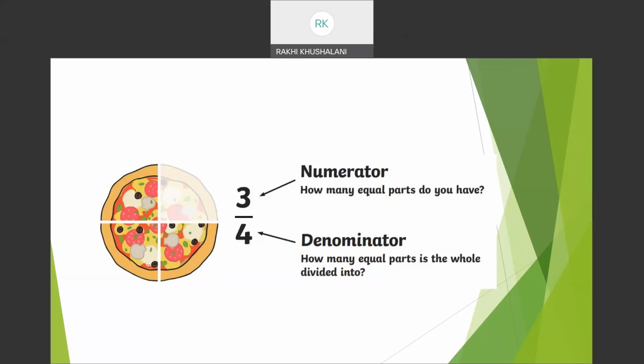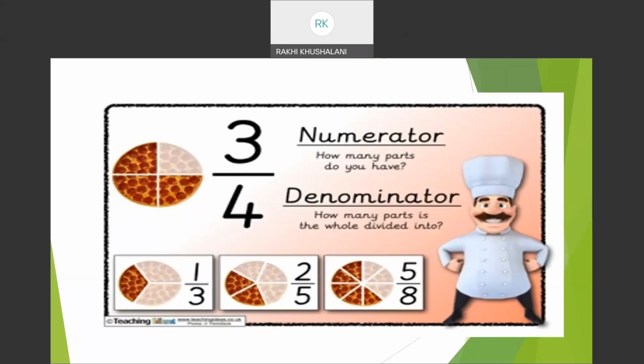Okay. So basically the denominator shows how many equal parts the whole is divided into, and the numerator represents how many equal parts you have or are left with. As seen here, 3 by 4, numerator, denominator.